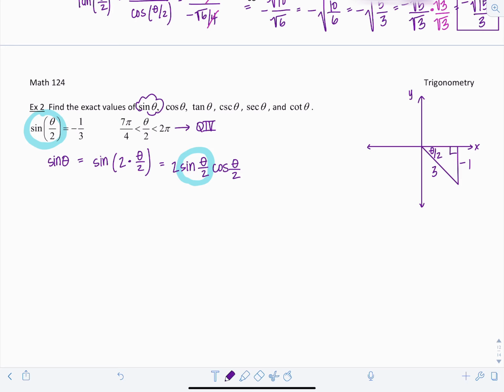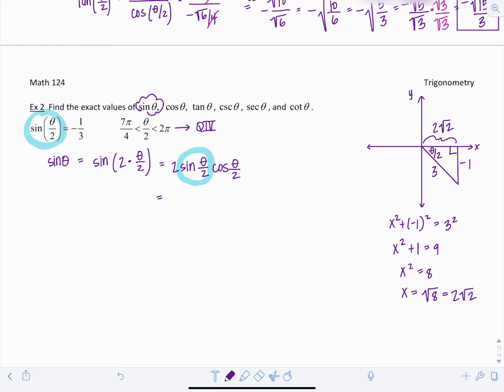And then let's figure out the missing side here. Well, that x squared plus negative 1 squared is equal to 3 squared. So that means x squared plus 1 is 9. So x squared is 8, and it's going to be positive. So x equals the square root of 8, which is 2 rad 2. So I'll label that. That's 2 rad 2.